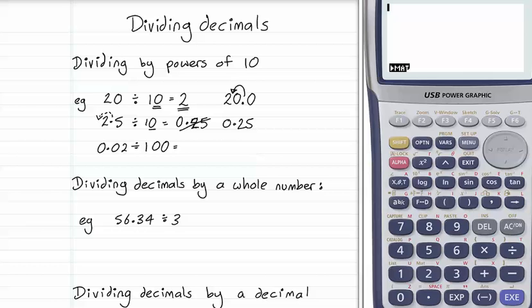So 0.02 divided by 100. If you want, you can rewrite it to have somewhere to jump your decimal point. 2 zeros, so 2 spots to the left to make a smaller number.